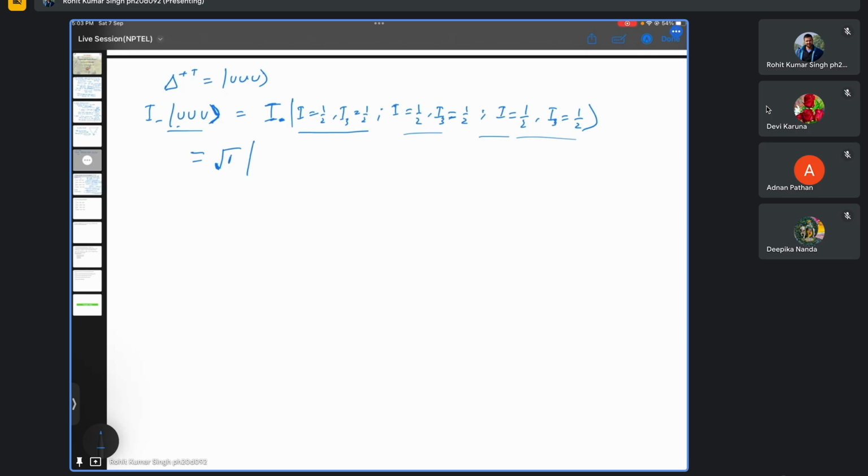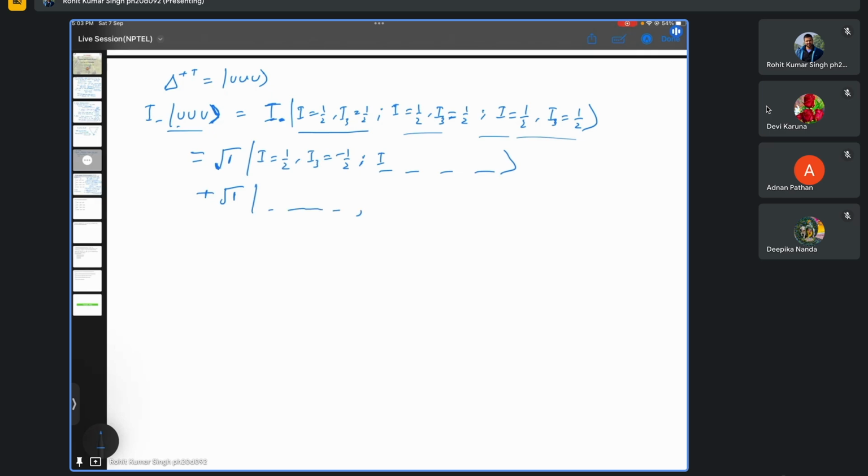And then here you will get I equal to half, I3 equal to minus half. These two will be unaffected for now, so these are same as above, plus again same thing.